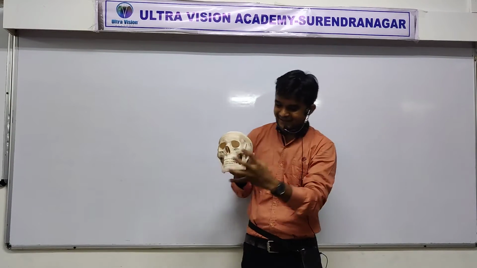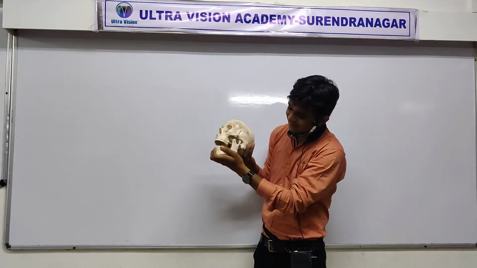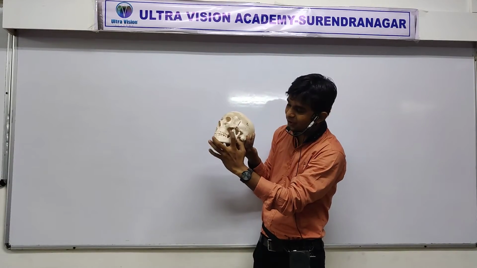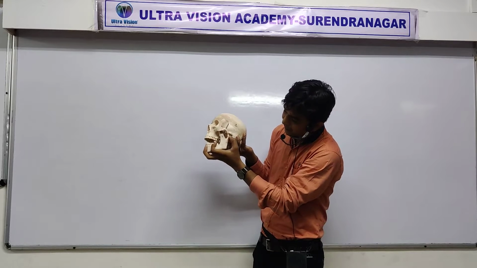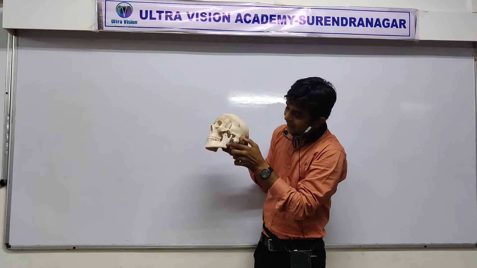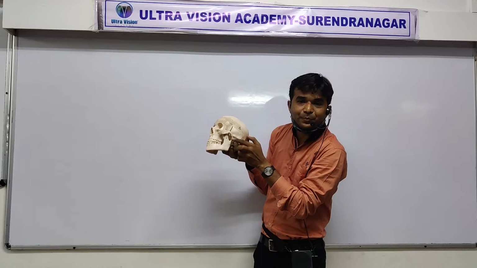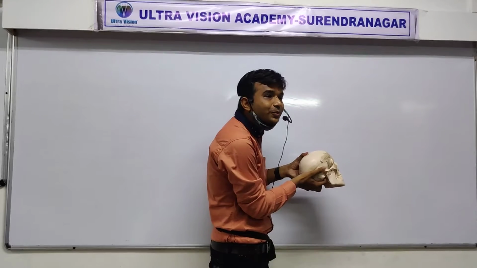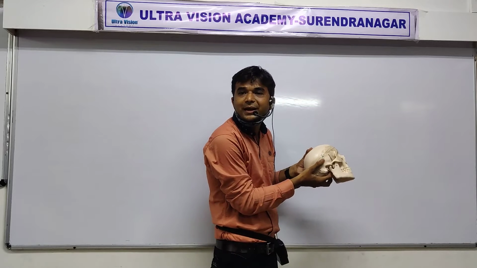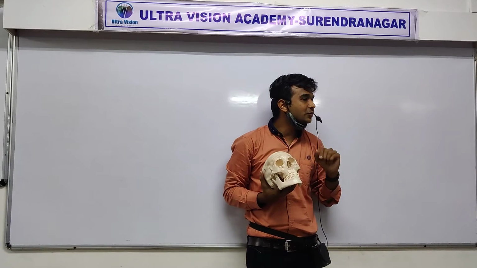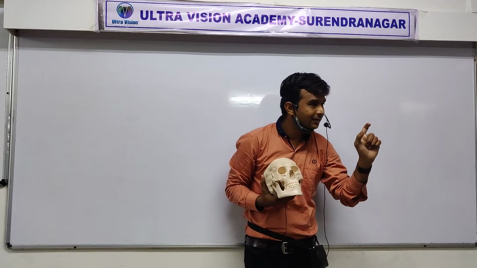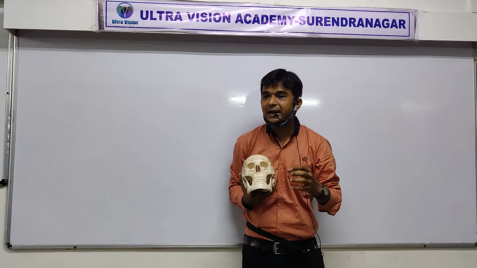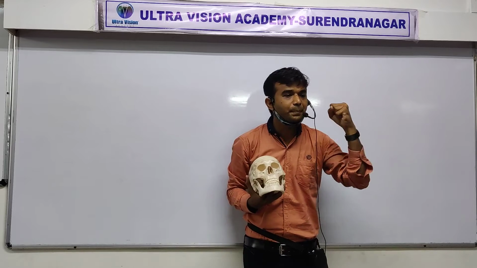You see here, consider this part, okay? Don't consider this. The mandible is connected to the temporal bone. This way also, on this side. And this is known as the TM joint. Temporomandibular joint, and it is the joint for power.